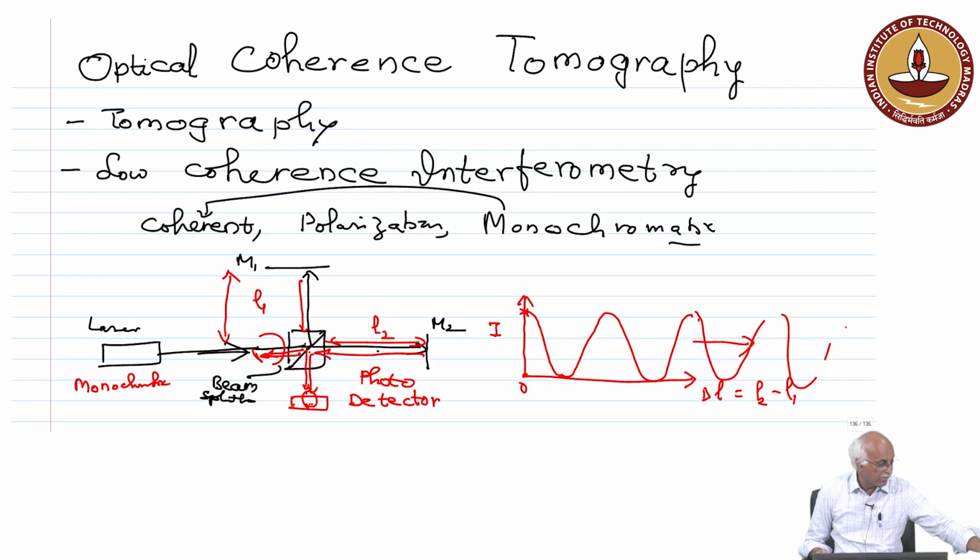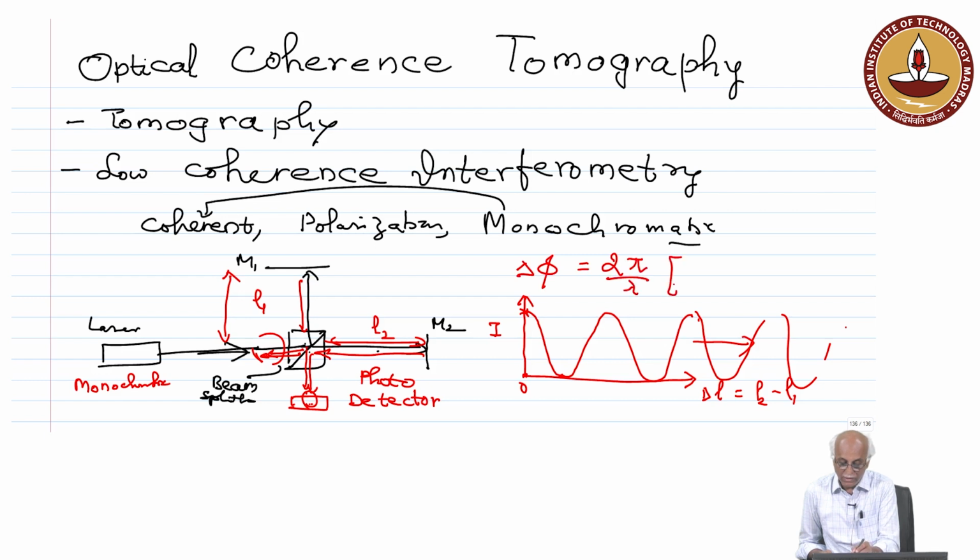What we know is that the path difference is captured in terms of the intensity, and path difference is a function of the phase difference. So the phase is 2 pi by lambda times (n1 L1 minus n2 L2), where n1 is the refractive index in arm 1 and n2 is the refractive index of arm 2.